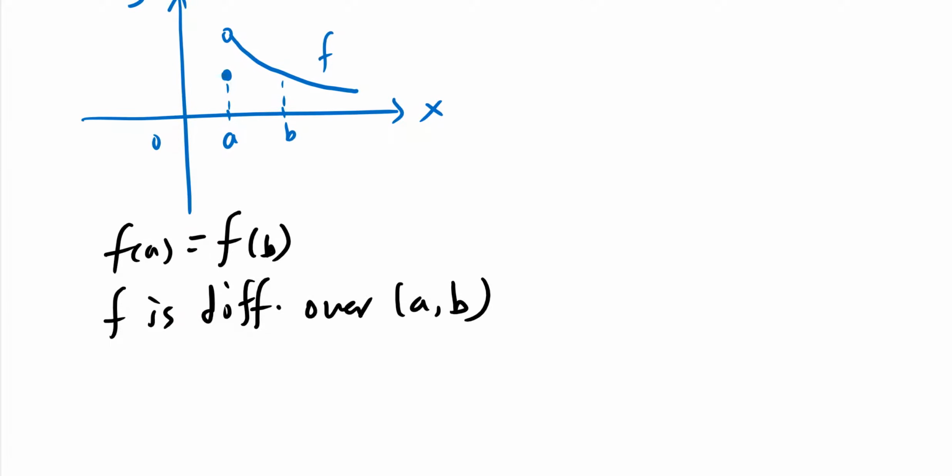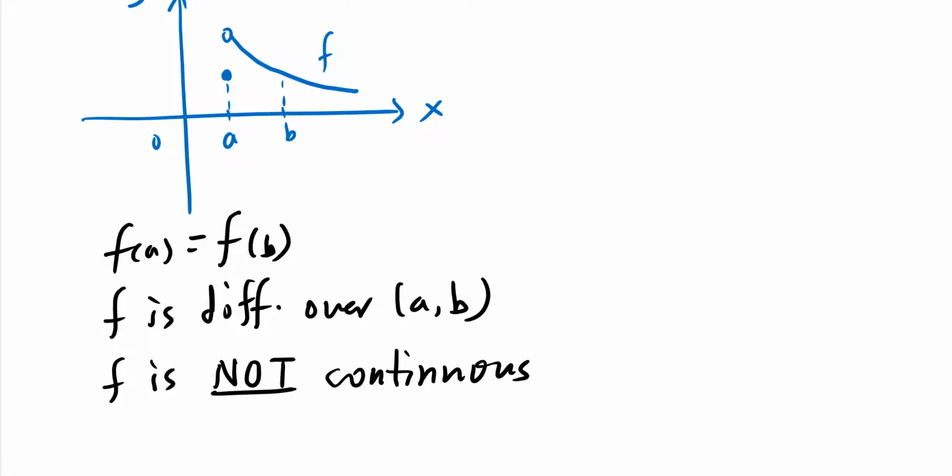But there's a problem here. The problem is that f is not continuous at x equals a. So that fails one of the conditions of Rolle's theorem, which means we cannot conclude there must be a c somewhere between a and b with a horizontal tangent at that point. The continuity condition fails.